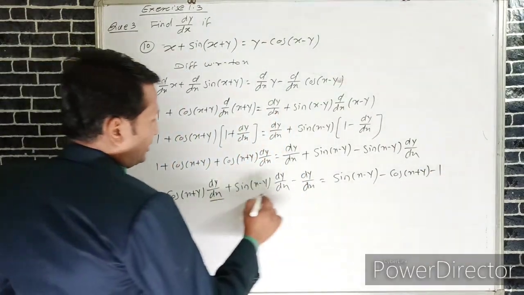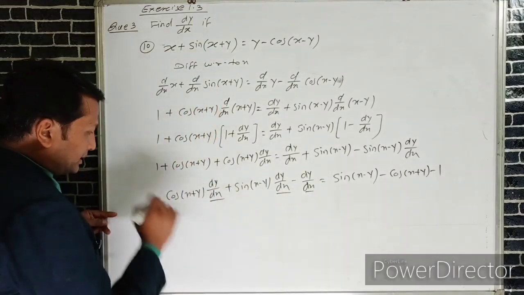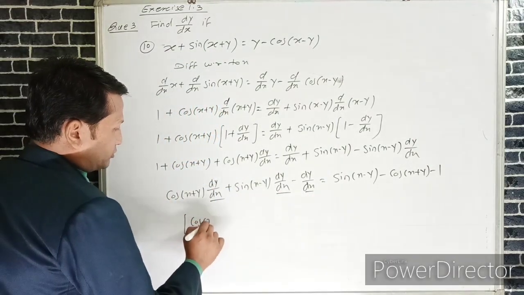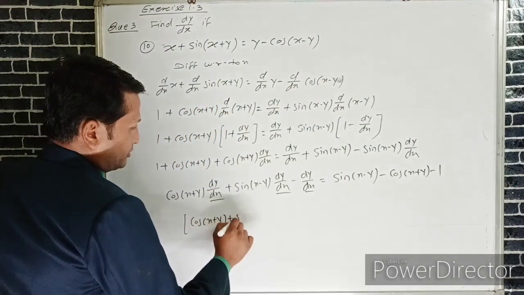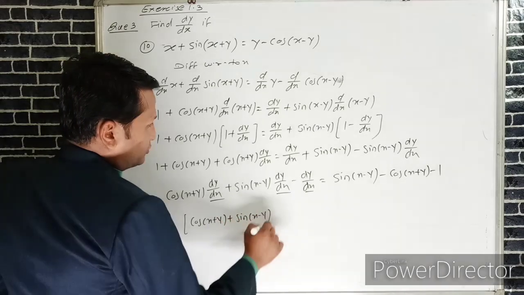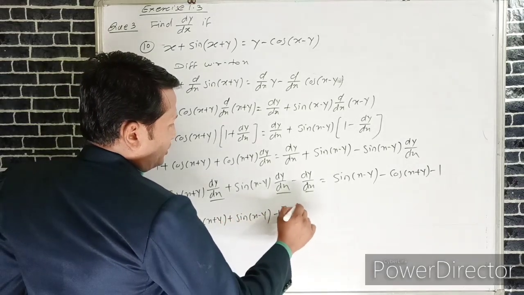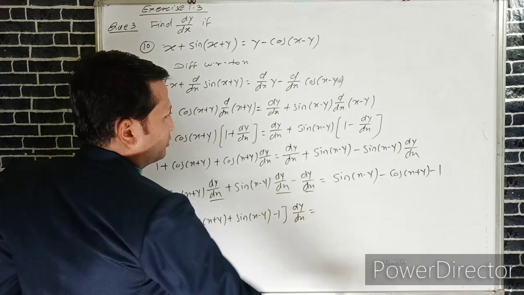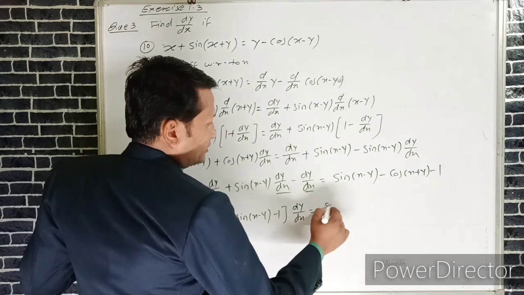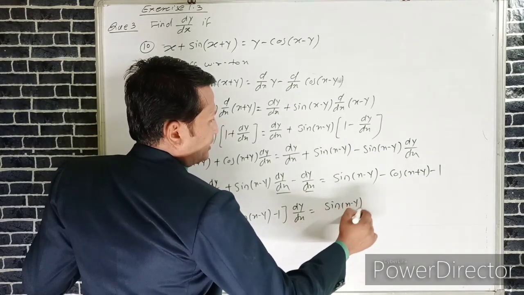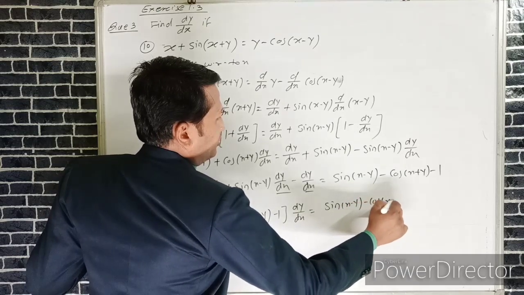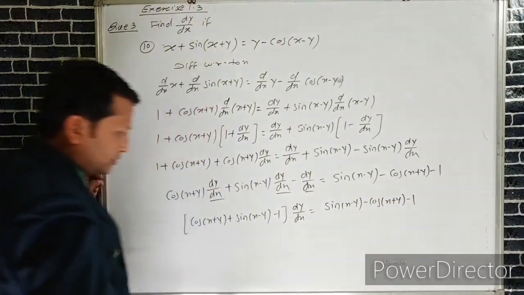If we take dy by dx common from all three terms, we can write cos of x plus y plus sin of x minus y minus 1 into dy by dx is equal to sin of x minus y minus cos of x plus y minus 1.